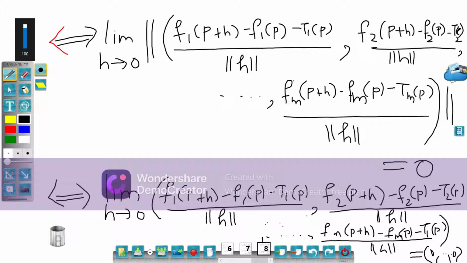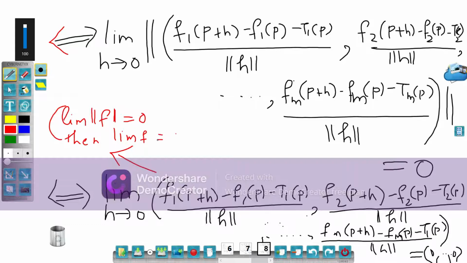What reason should I give for writing this? One should know this rule: if the limit of norm f is equal to 0, then the limit of f must be 0. If the norm of a function goes to 0, then the limit of the function must be 0. This simple property I am using. Now the limit of this entire tuple is 0, which means each and every entry goes to 0.